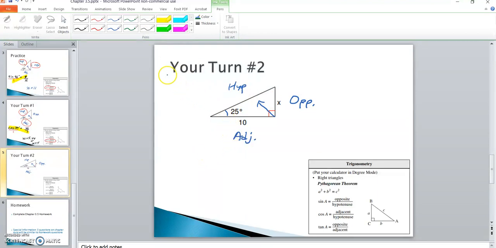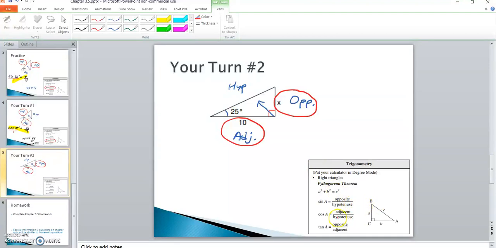Alright, so now I would like you to make your fraction. So figure out which sides we have, the opposite, adjacent, hypotenuse, and figure out if we're going to use sine, cos, or tan. So go ahead and pause the video and figure that out. Okay, so we have the 10 and the x.